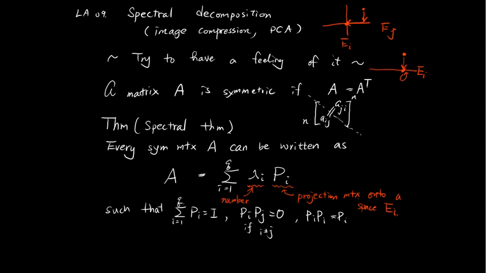If you do the projection twice, the effect is the same as you do the projection just once. Okay, so P_i squared is equal to P_i. So these 2 and these 3 are just some conditions about these projection matrices. And now I'm going to give you the geometrical meaning of this decomposition. Okay, so whenever I say the spectral decomposition, it means this form.